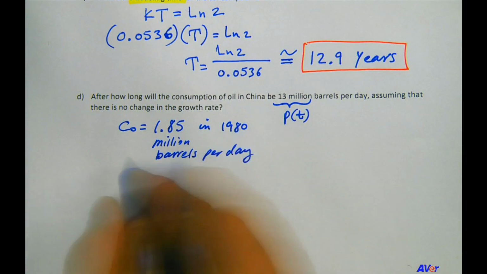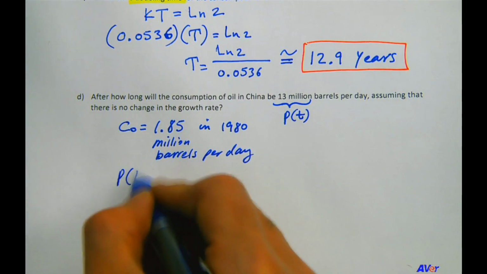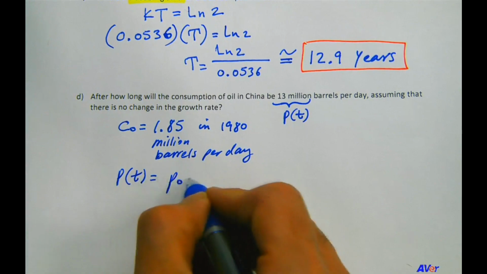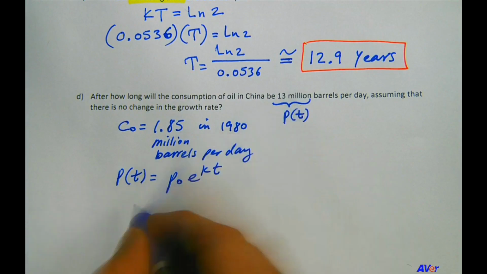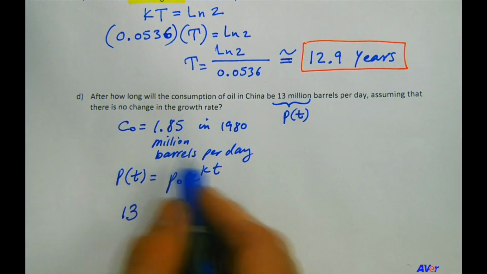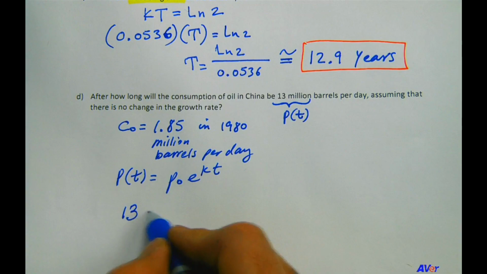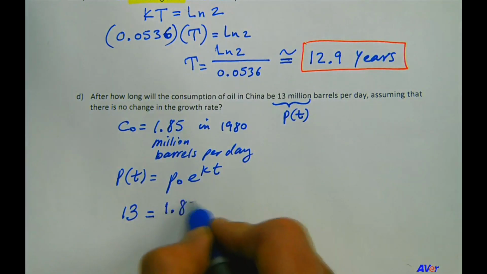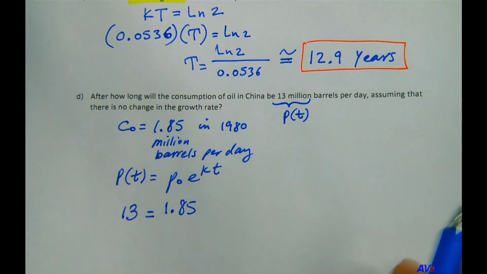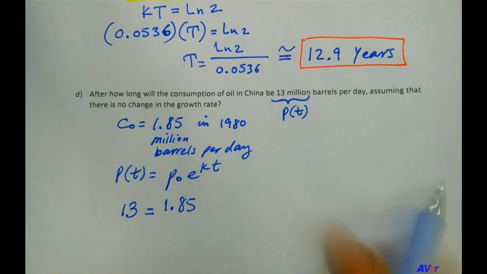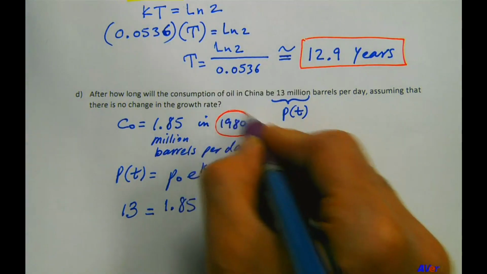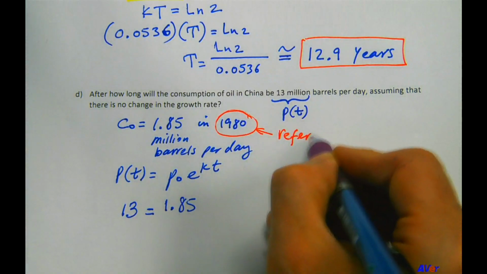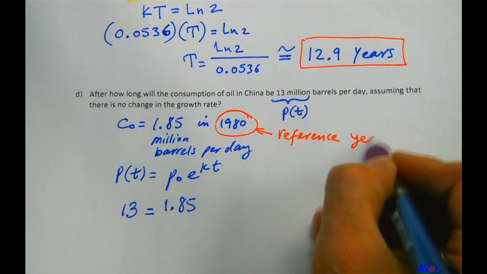Okay, so that means in this equation that we have, P of T is 13 million, and the units are already in millions, so I'm just going to say 13 equals 1.85, which was the initial quantity in 1980. That's our reference here, right? This is our reference year.